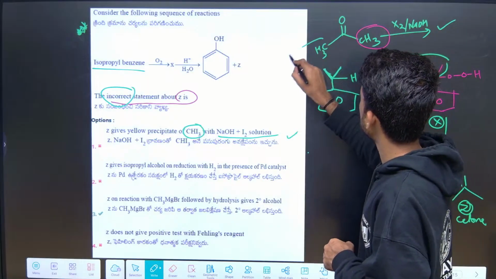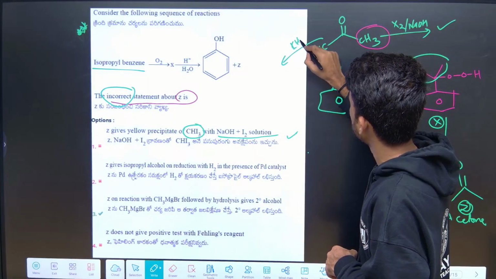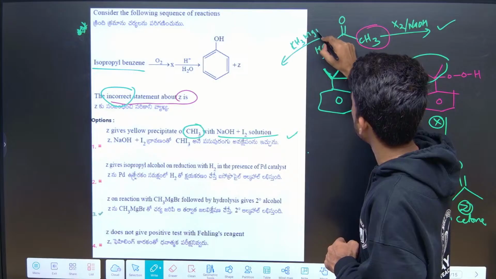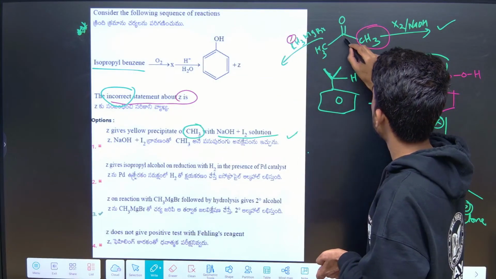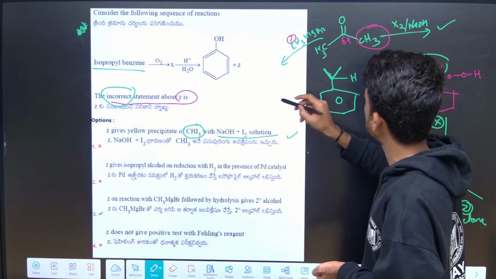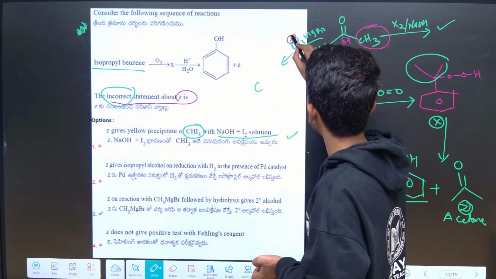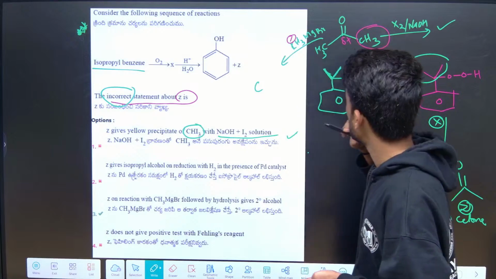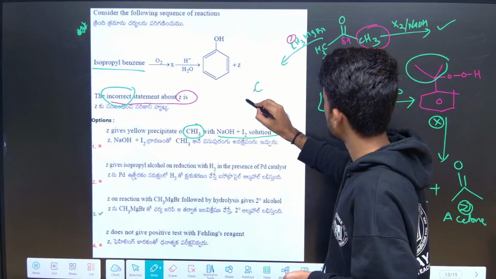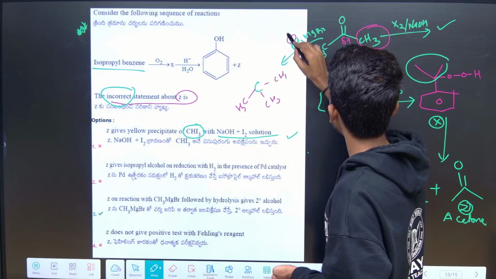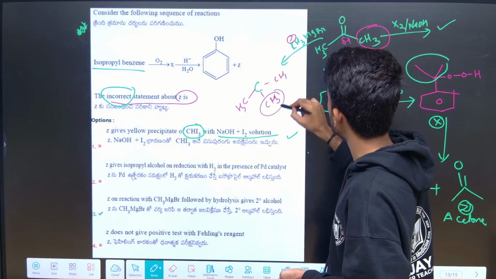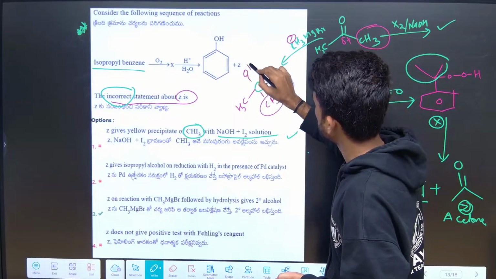See, now treat this with methyl magnesium bromide, CH3MgBr. So what you will be getting? CH3 minus, that is a nucleophile, and this is a carbon which is an electrophilic center. So the methyl attacks on this carbonyl group carbon. So it will be converting into CH3, CH3, CH3. Now this will be converting into alcohol.